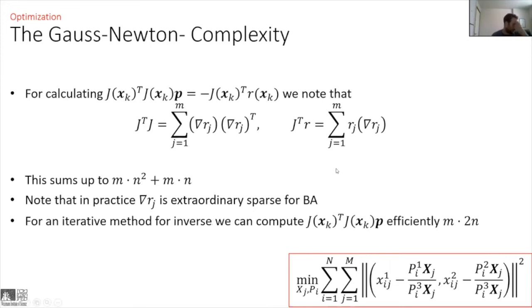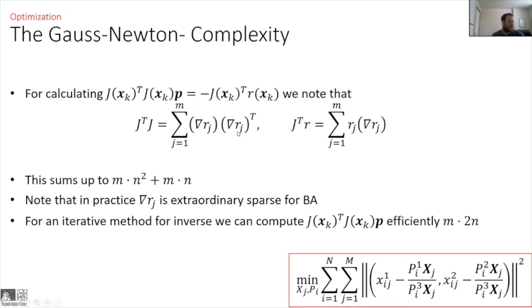Another thing is that if you want to multiply, let's say you're using an iterative method to compute the inverse of the J transpose J, you can do it even faster. You don't need to perform all this operation. Why? Because the vector P is in Rn.